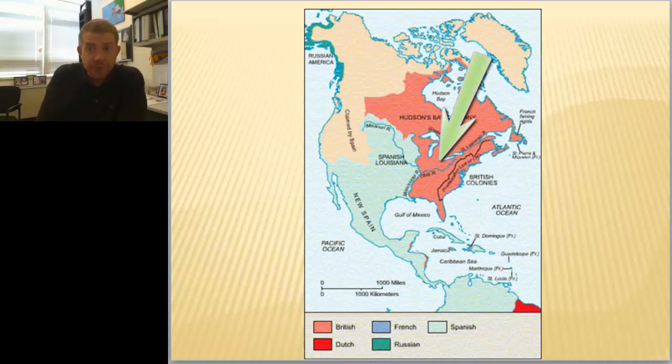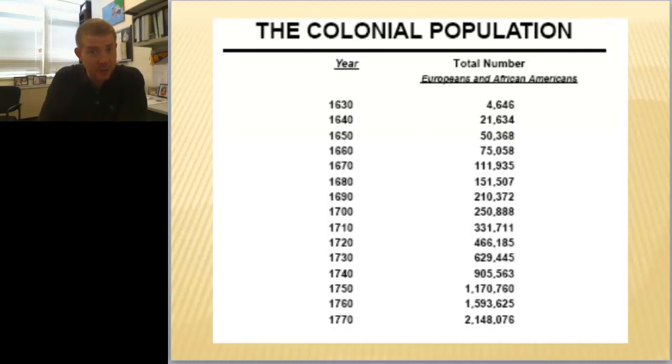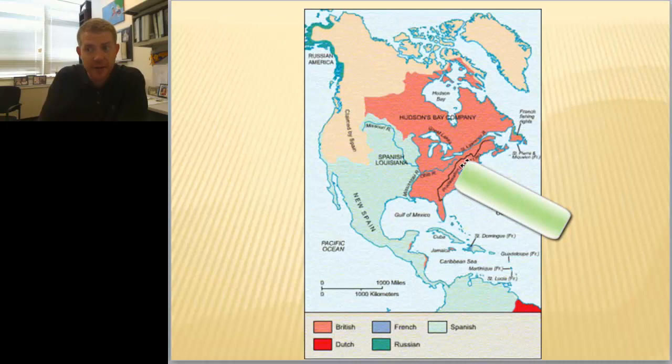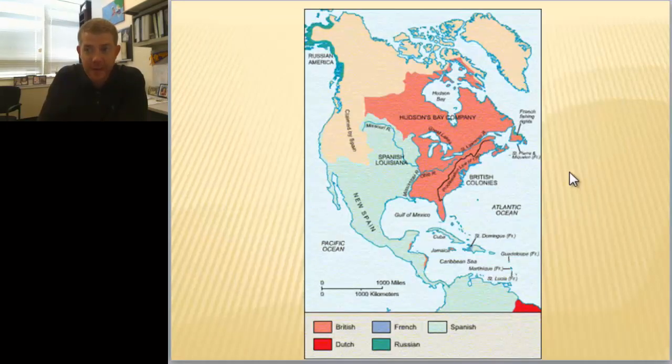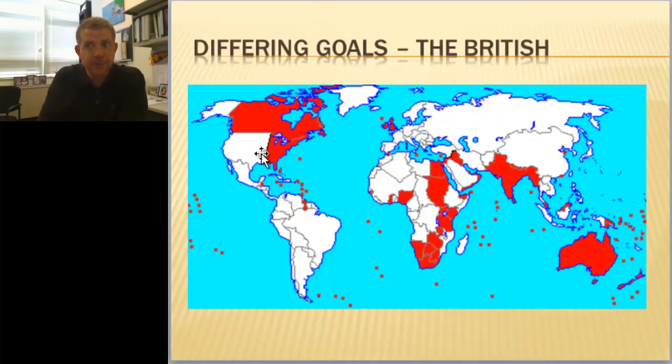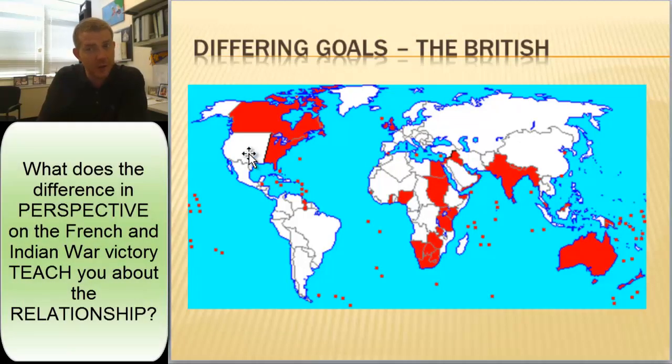We also know that for the colonists, this was very important, because the colonies had an increasing population, to the point where the land that they were being confined to, their colonies, they needed to expand because they had more people than the land could support. They were looking to move into the West. The victory in the French and Indian War, which looks more like this for England, seems to allow for that.